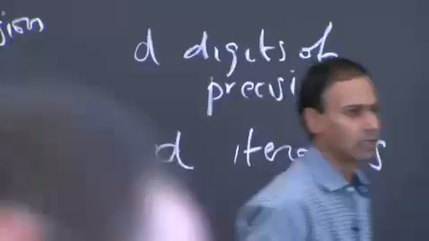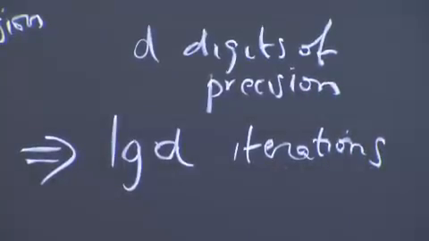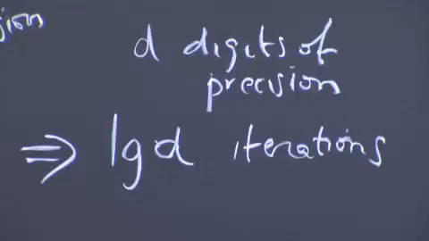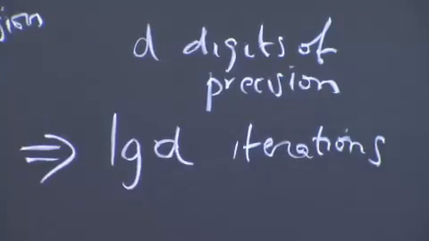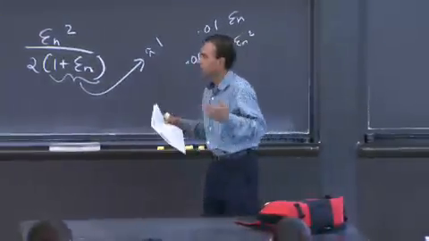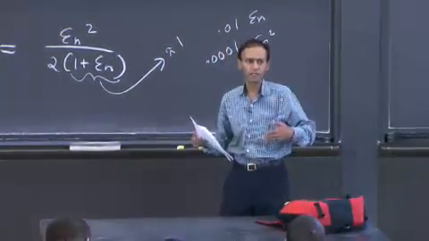So that's kind of nice. You have a logarithmic number of iterations. I'm going to get back to that. There's one little subtlety that is associated with asymptotic analysis that goes beyond simply the number of iterations that you have and the digits of precision. But so far, so good. We're happy with this logarithmic number of iterations.